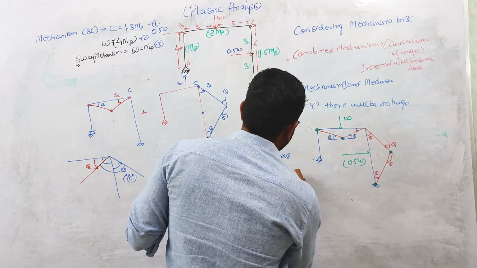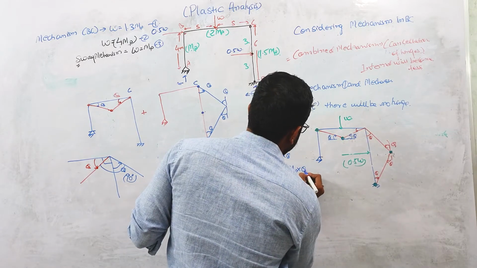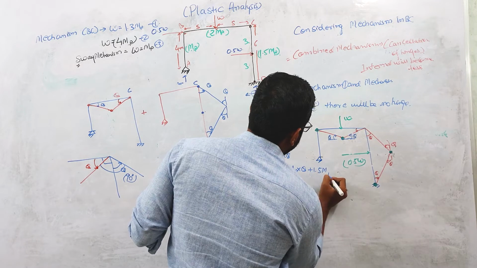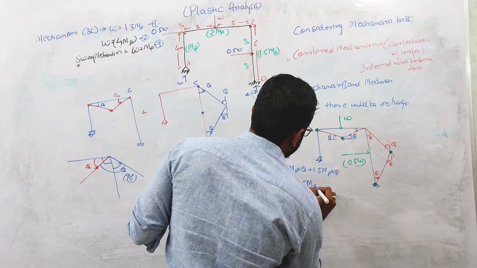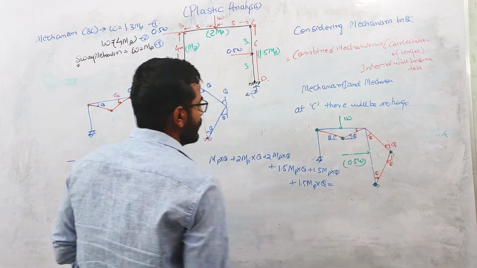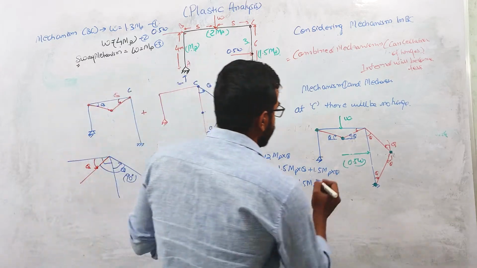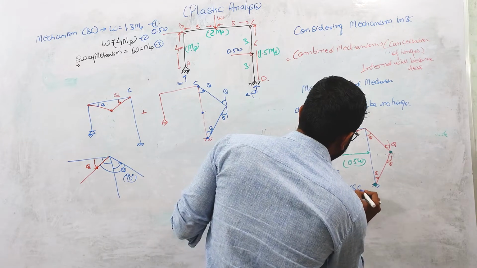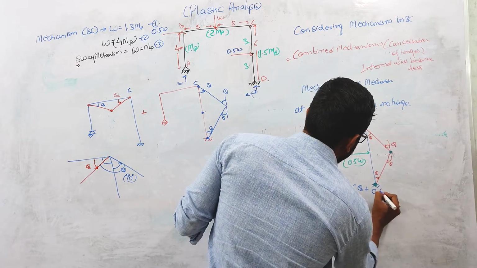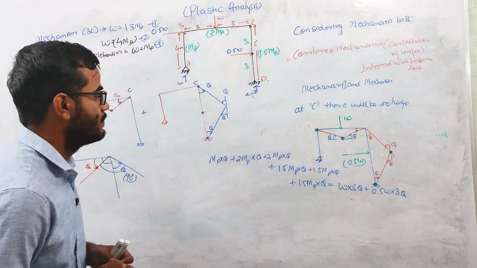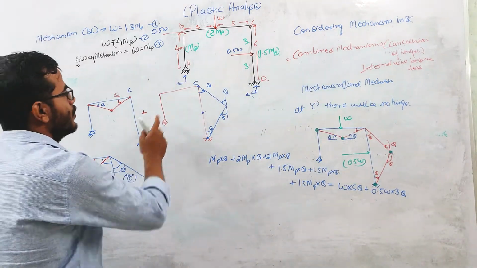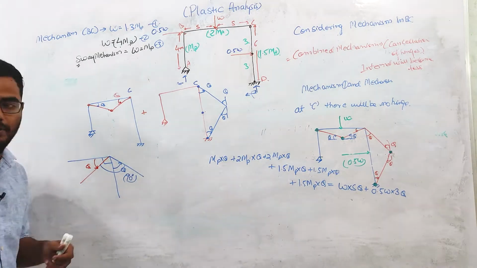Plus 1.5 Mp into theta plus 1.5 Mp into theta, and plus here also 1.5 Mp into theta. This will be equal to the external virtual work done, which is W into 5 theta plus 0.5 W into 3 theta. I hope this point is clear to you. Why is the hinge not forming at this C point?